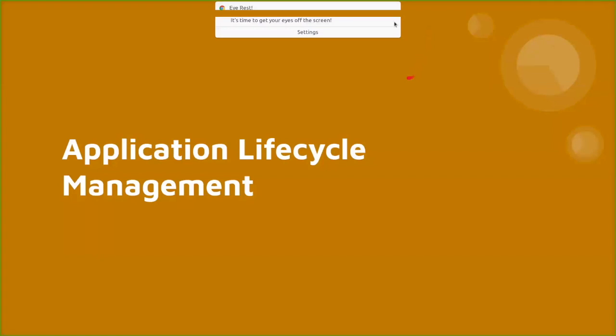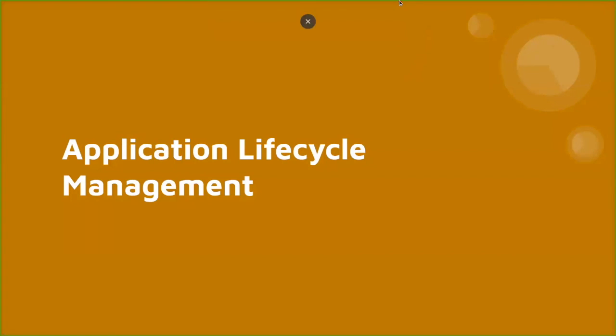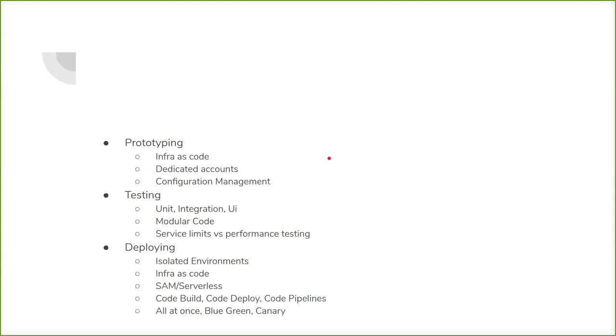And when it comes to application lifecycle management, there are different stages that we can make better use of, like prototype, testing, and deploying. Imagine you want to create a new feature. Imagine you have your entire infrastructure as code.